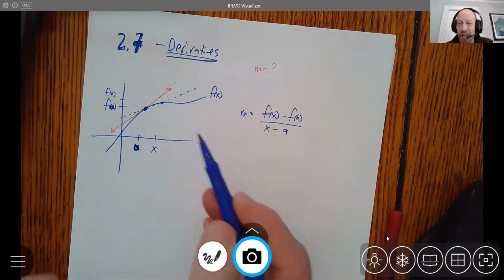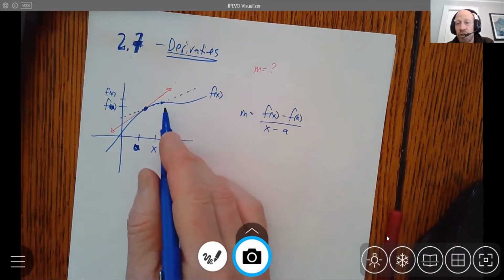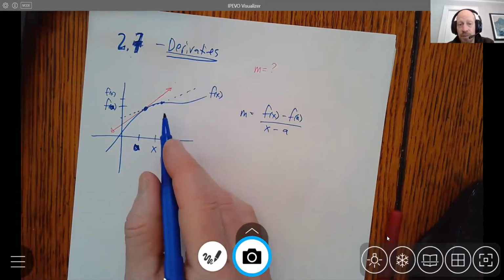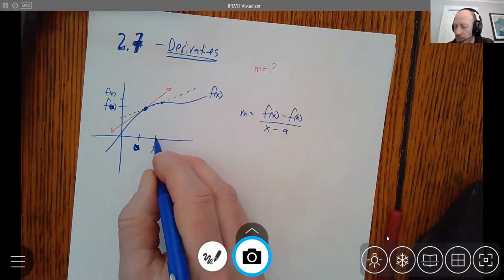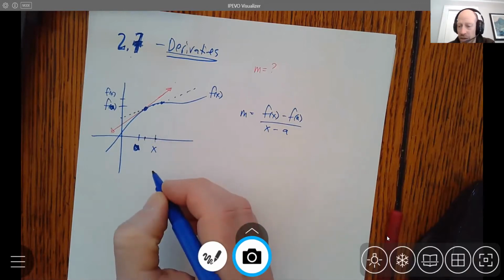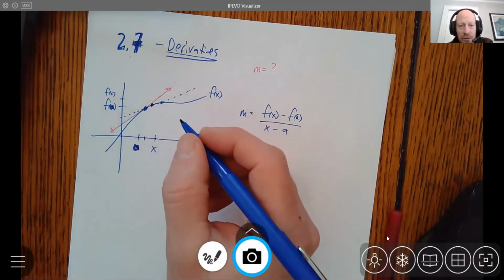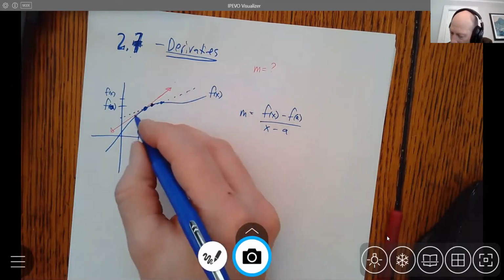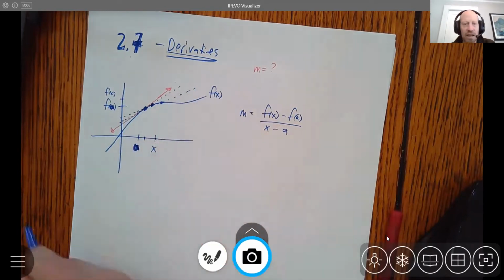Now the magic here is to say, well, this blue line that I have is not all that close to the red line, right? Like they're sort of close. Could I come up with a better estimate? And the strategy is I definitely could by moving this x value closer to a. Right, and here's where my picture will start to break down a little bit. But if I picked a point that was closer to a, all of a sudden I'd have a secant line that is much closer to the true tangent line.